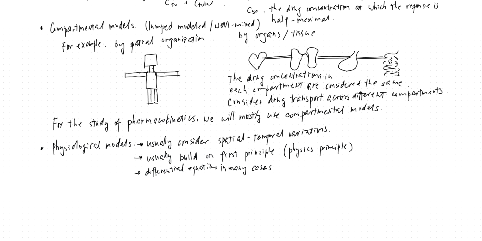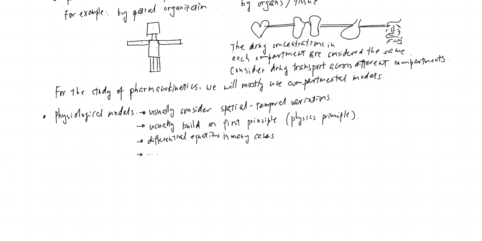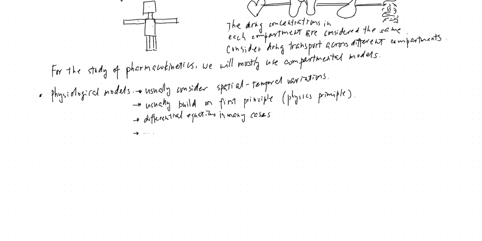This is a more nuanced model. These mathematical models have been studied in a good number of lectures, almost the entire course up to this point. What we talked about before, like filtrations, Fick's laws, fluid flows, boundary layers, porosities, diffusion coefficients, these types of things all belong to these physiological models, this category.